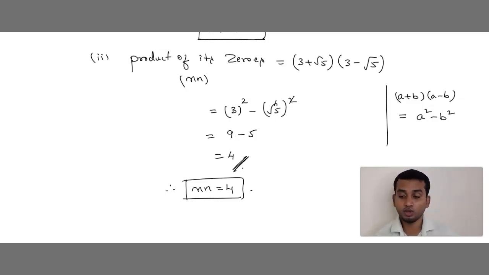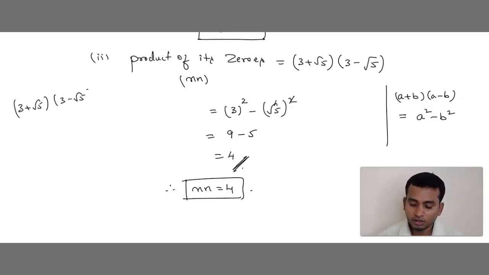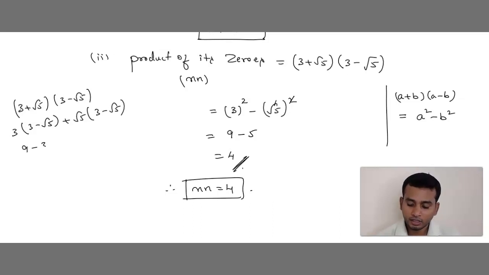Suppose we don't know this identity, sir, then what should we do? Simple. You can see here 3 plus root 5 into 3 minus root 5. The first term, 3, multiplied by the next two terms, again plus root 5, we multiply by the next two terms. 3 threes are 9, plus into minus is minus, 3 into root 5 is 3 root 5, plus into plus is plus, root 5 into 3 is 3 root 5, plus into minus is minus, root 5 into root 5 is root 5 whole square.